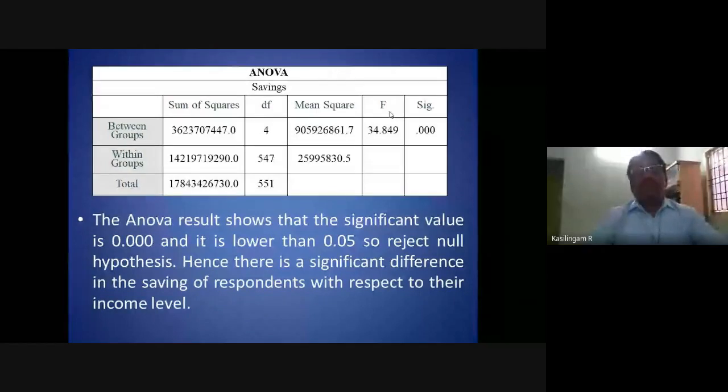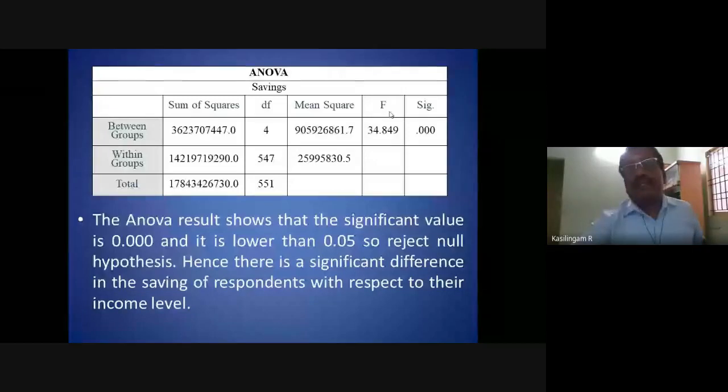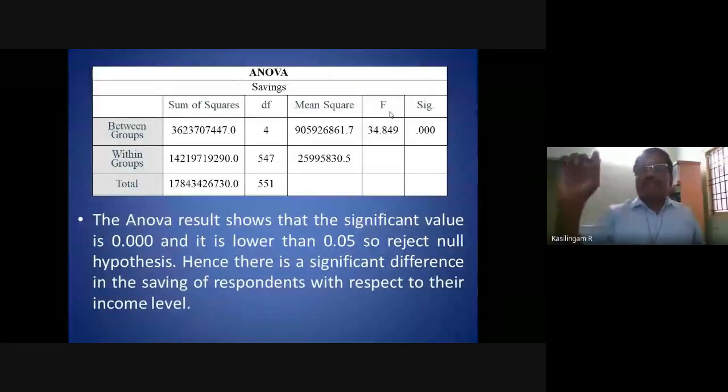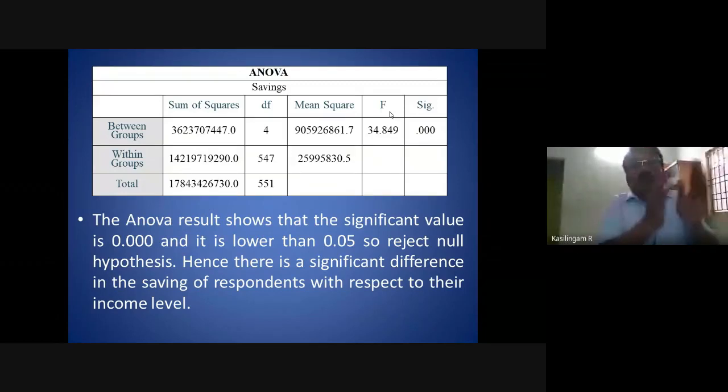Very good. Now, we have stated that there is a difference. Let me tell again, if the significant value is less than 0.05, reject the null hypothesis. The null hypothesis, that there is no difference, is rejected, which means there is a difference in the group means.